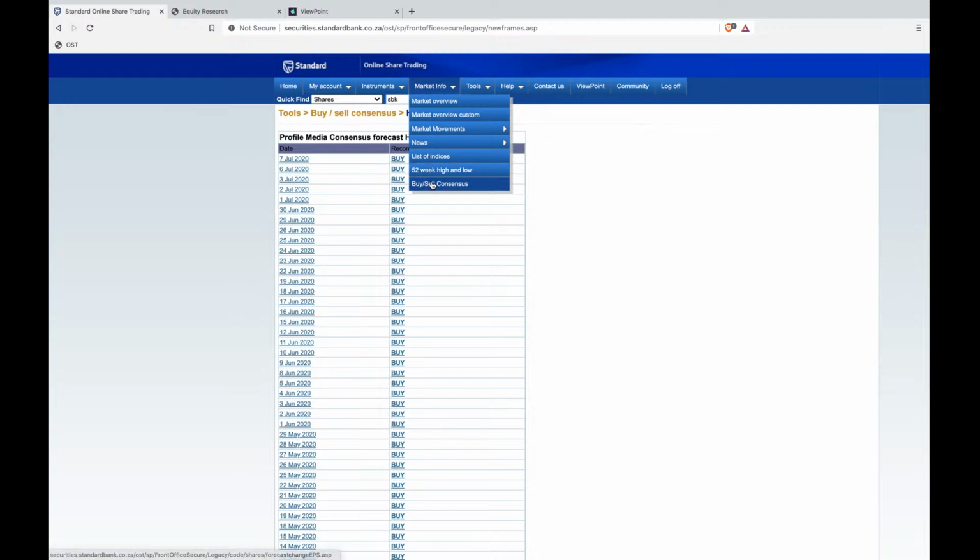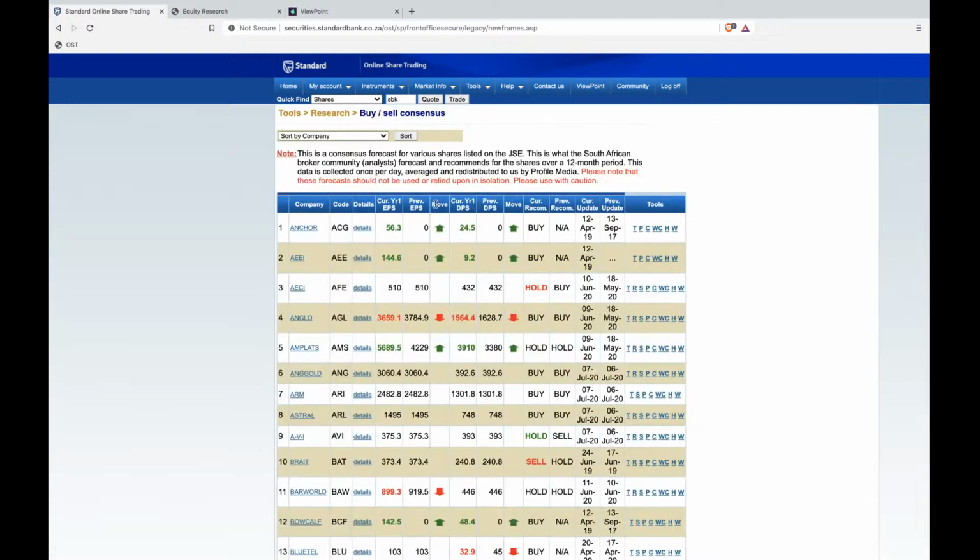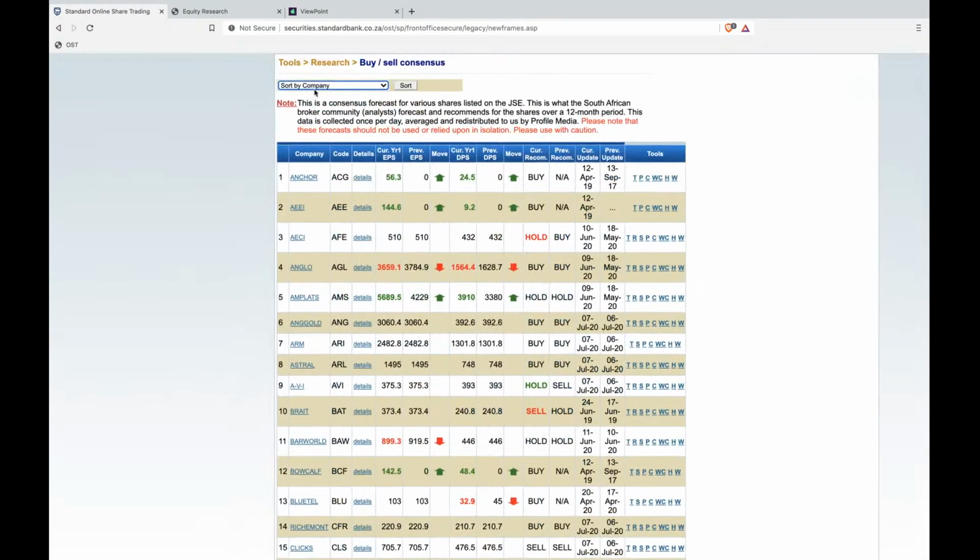Let's go back to that buy-sell consensus. Folks, if you've got questions, drop them into the Q&A box. There we go. Here's the page I was looking for. So this is sorted by company. You can also sort by sector or earnings up, recommendation changes, etc., etc. A whole bunch of different ways to search.